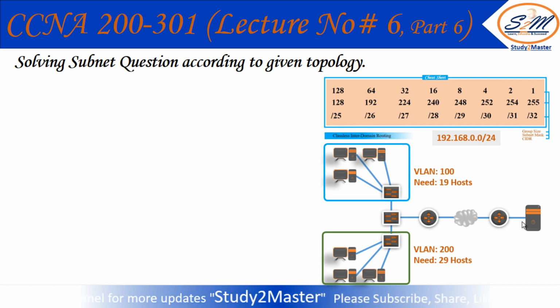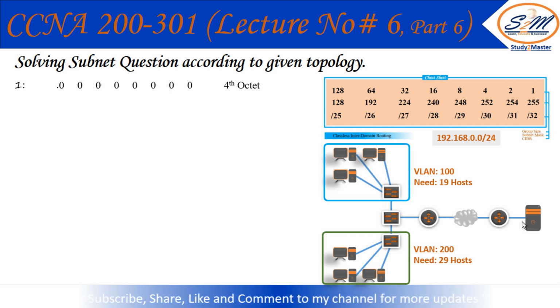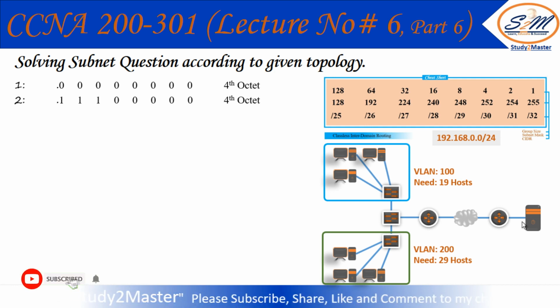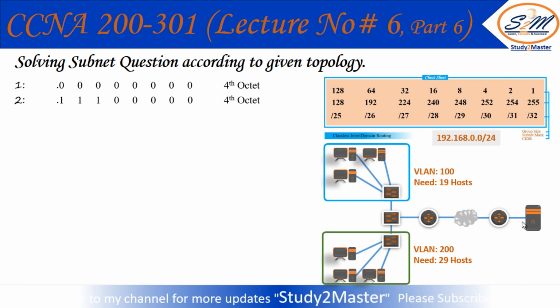Now let's check the cheat sheet. How do we find the column which really fits our requirements? We're working on the fourth octet of the given IP address 192.168.0.0/24. So I have changed the first 3 bits of the binary to 1.